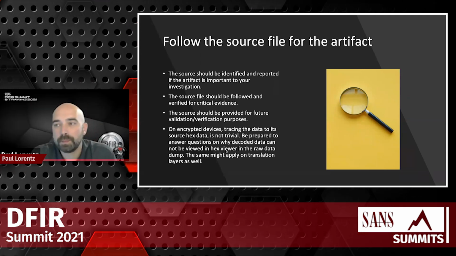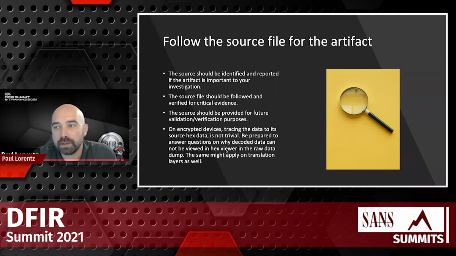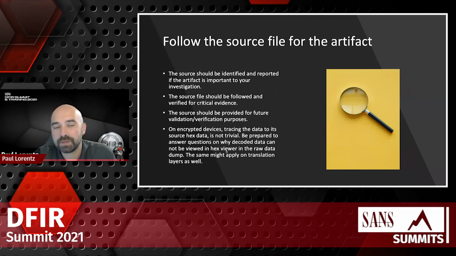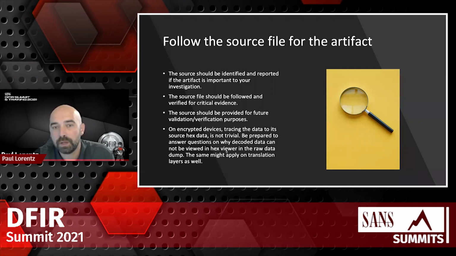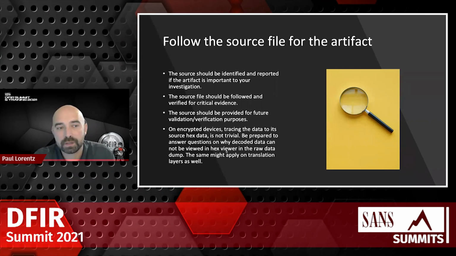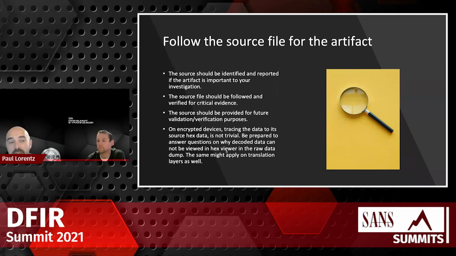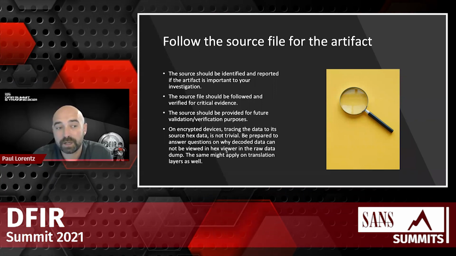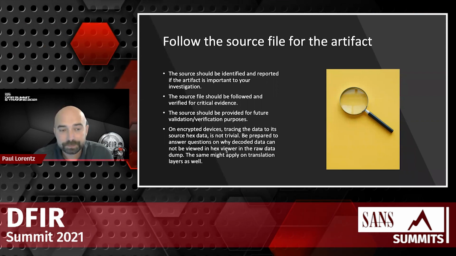Thank you, John. So once you start getting to the data, understanding where the source is coming from is super important as you move through your investigation. Any type of data that you're getting, you should be identifying the source and drilling down to figure out where that's coming from.